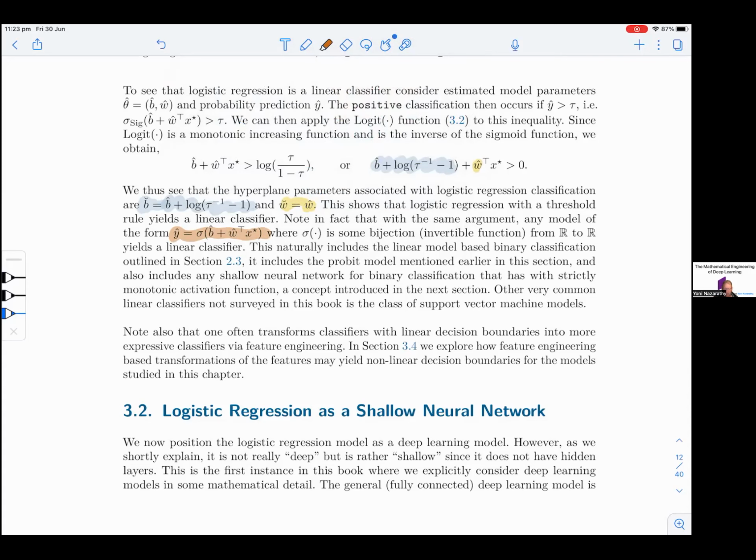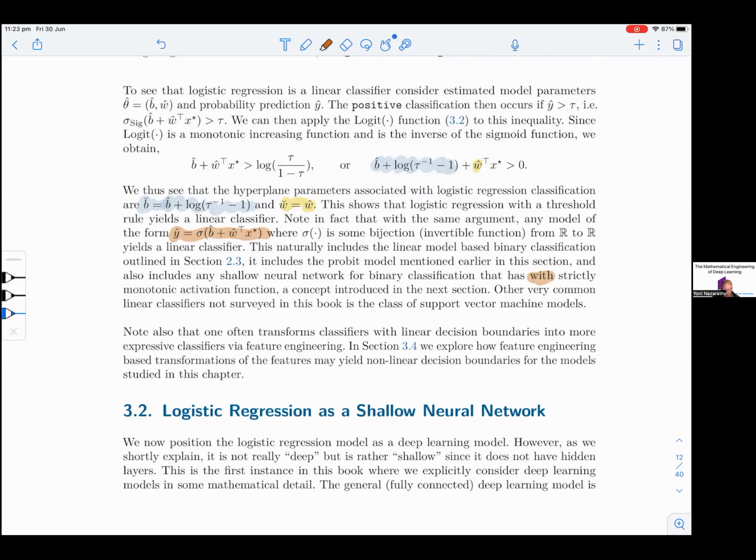It includes the probit model mentioned earlier in this section, even though we didn't dive into it. It also includes any shallow neural network for binary classification that has a strictly monotonic activation function, a concept introduced in the next section. We'll see what an activation function is then.